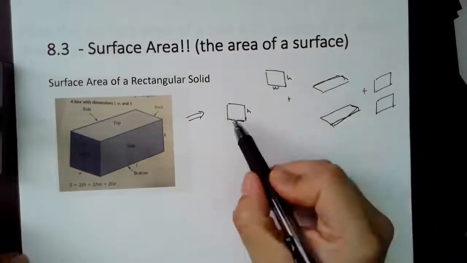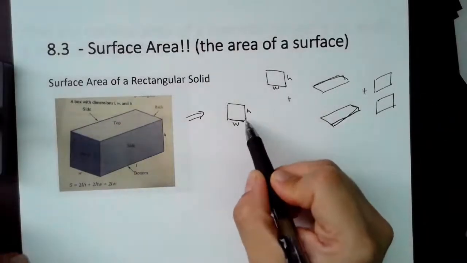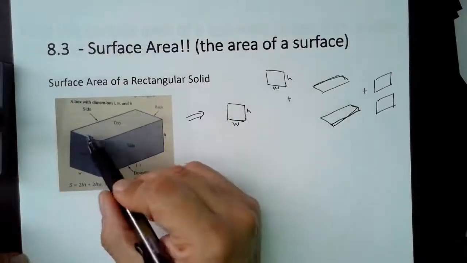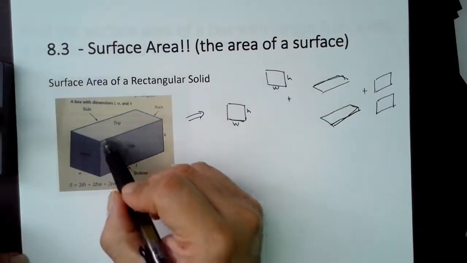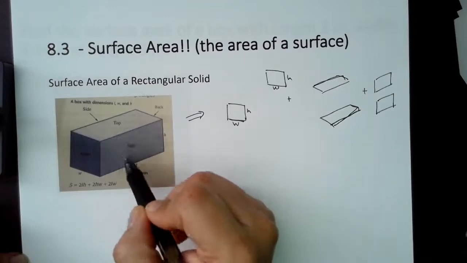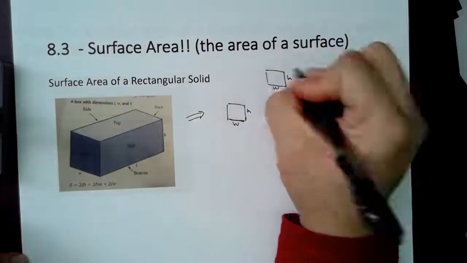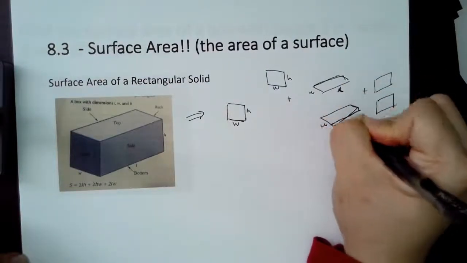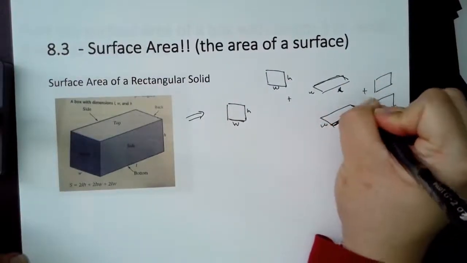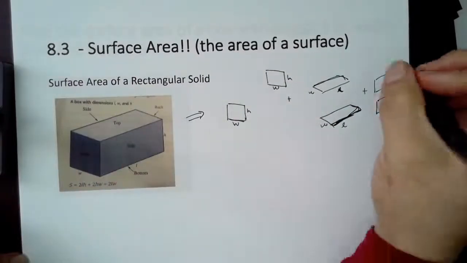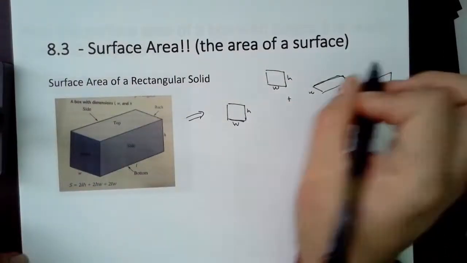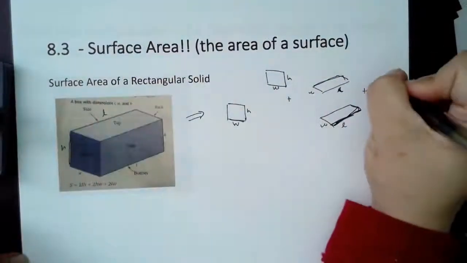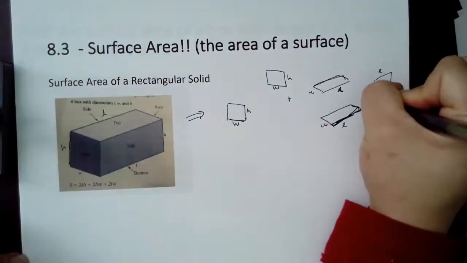So the base would be W and the height would be H. On the top here, you have a base of W and a length of L, so that would be WL. And then you have the sides, where this part right here is the height and this part is L, so this would be HL.